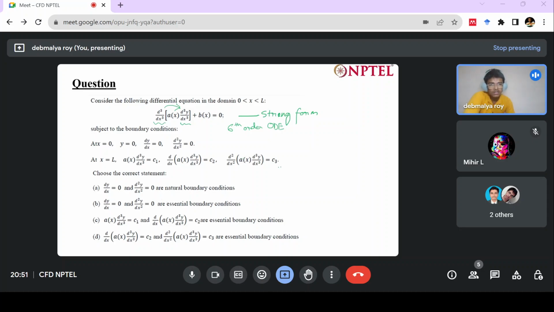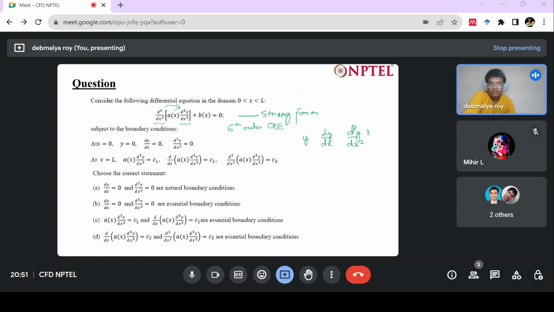We have already discussed that if y is provided, dy/dx is provided, or in this case d2y/dx2 is also provided, then these will be essential boundary conditions. Why? Because when we are converting this into the weak form, we will not encounter these.